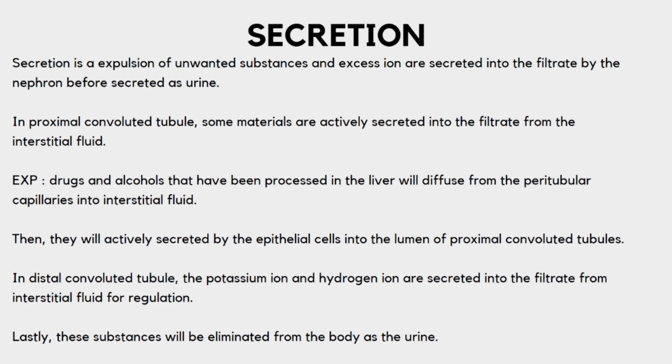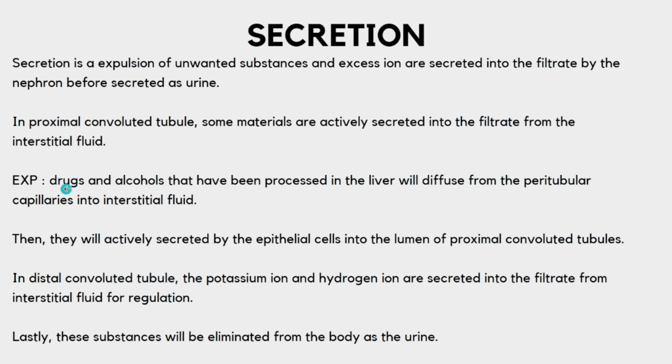Okay. Next is about secretion. Secretion is actually not too much. It is an expulsion of unwanted substances and excess ions, which are secreted into the filtrate before it is excreted as urine. Normally in the proximal tubule, some materials are actively secreted into the filtrate from the interstitial fluid.